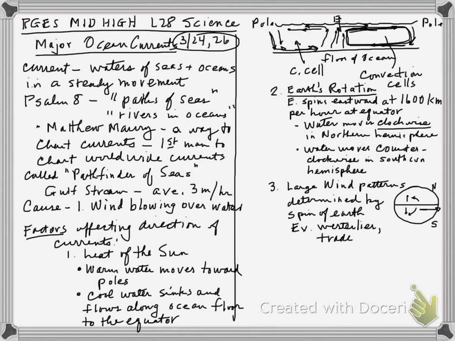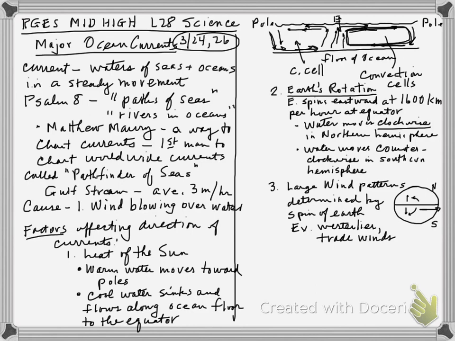I've just shown you some of those that are determined by the spin of the Earth. So again, the Earth's spinning to the east, and as the water and the air both move away from the equator, they are bent to the left, basically, and so they are developing a pattern there. An example would be the westerlies and the easterlies.